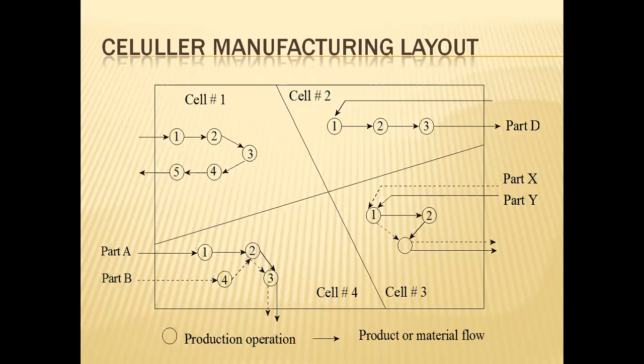Now this figure is an illustration of cellular manufacturing layout. Each cell in the cellular manufacturing layout is formed to produce a single parts family, a few parts, all with common characteristics, which usually means that they require the same machines and have similar machine settings.